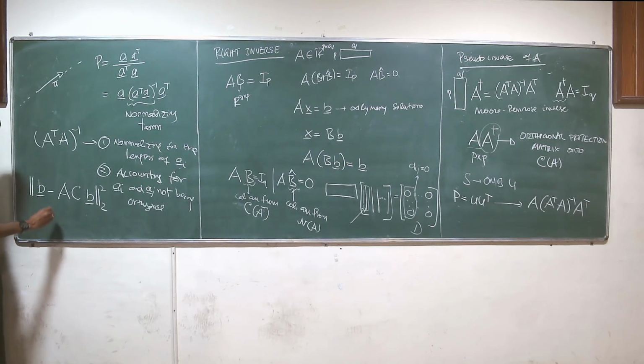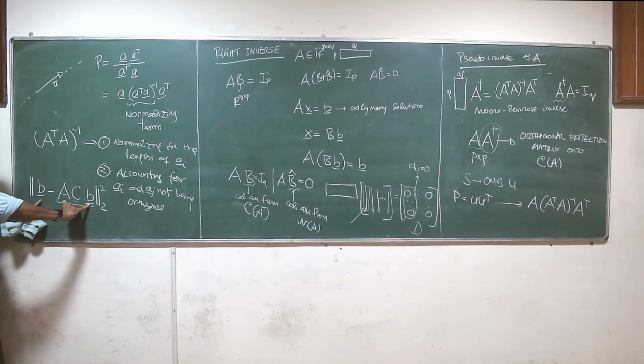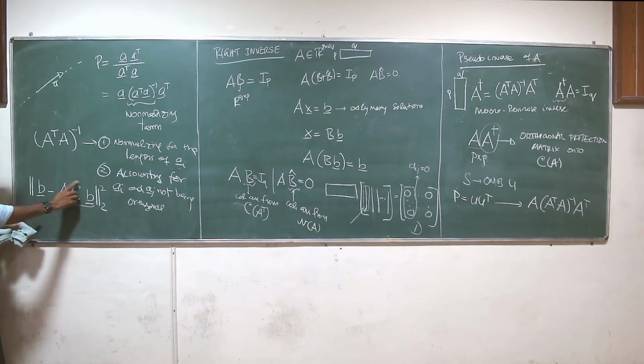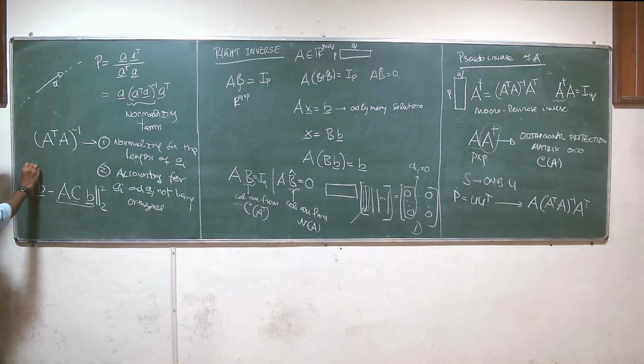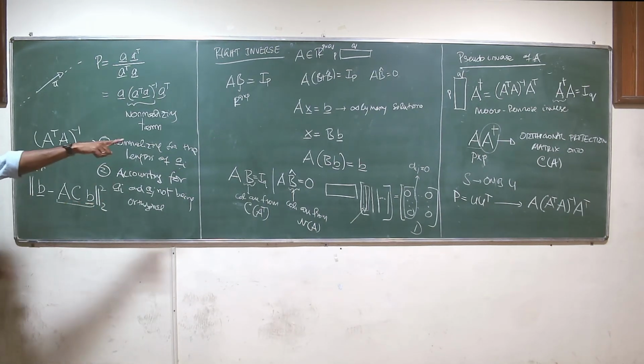But I want to find a C such that if I do A times C times B and compare this vector with this vector, it minimizes this whole thing. It turns out the solution you get for C is your A dagger.